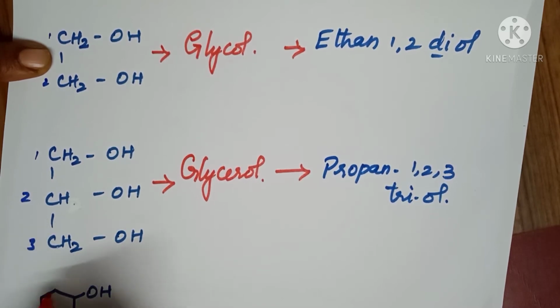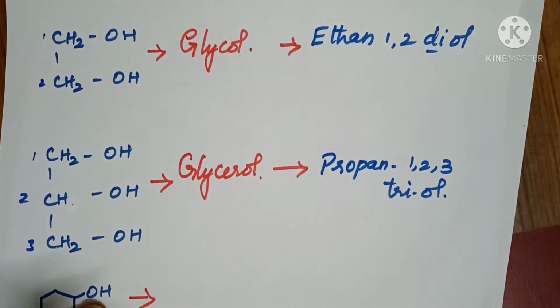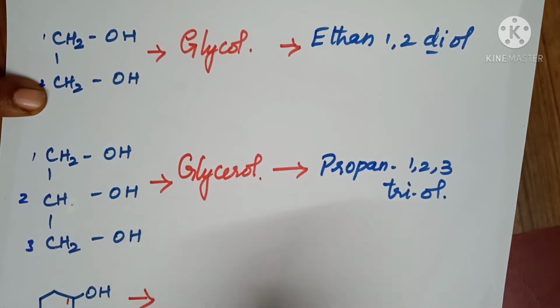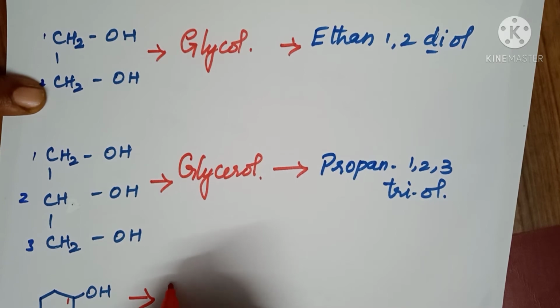How many carbons are there? 6 carbons, so naturally hexane, but it is a ring structure, so it is cyclohexane. But where the hydroxyl group is attached, that means the functional group is attached. Wherever it is a functional group, there you can put 1. So for the common name, you no need to put the numbering. So, how can you write it?